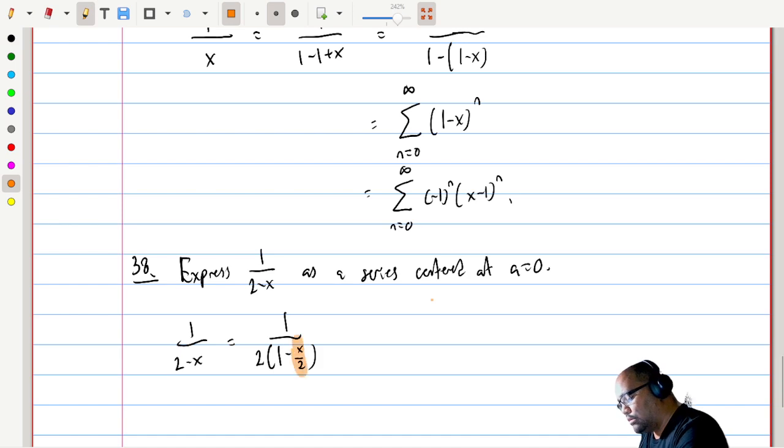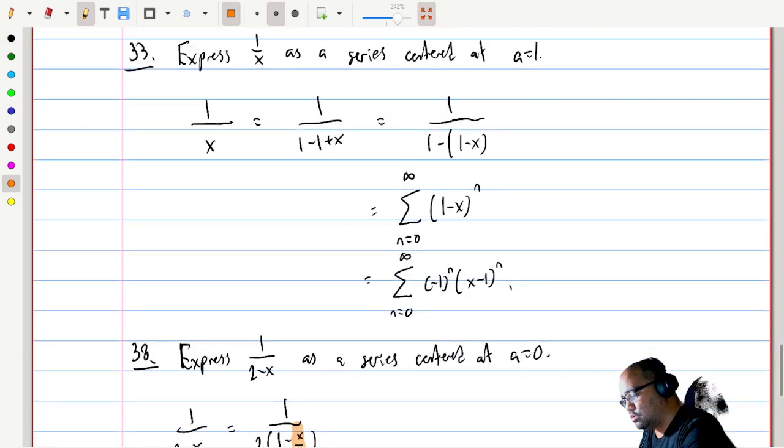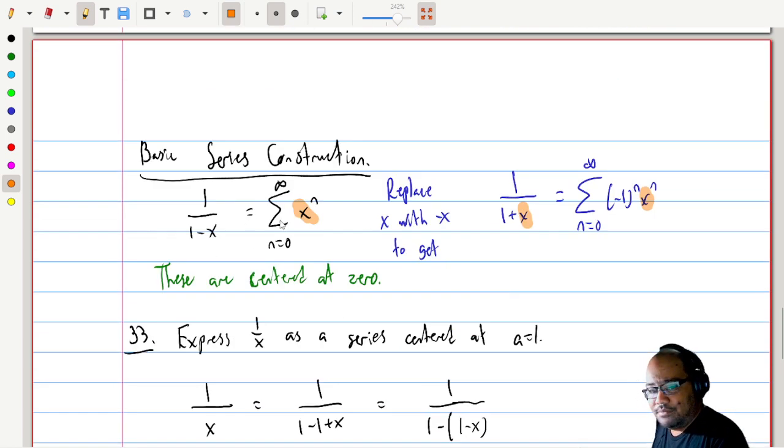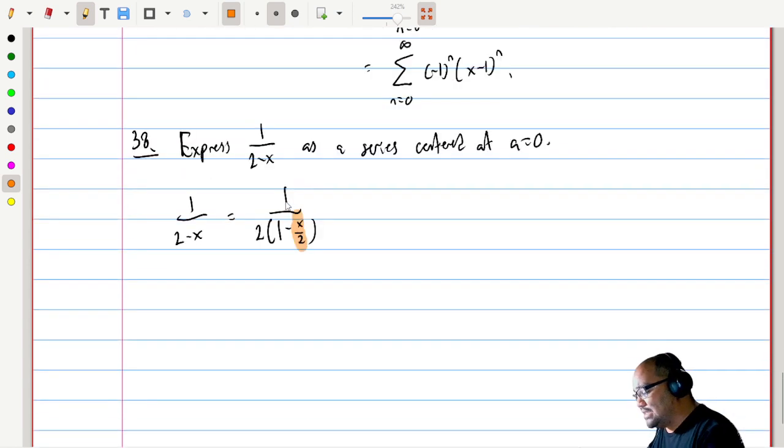Okay, and now this guy in orange does the same thing from above here. I'm replacing x with x over 2.